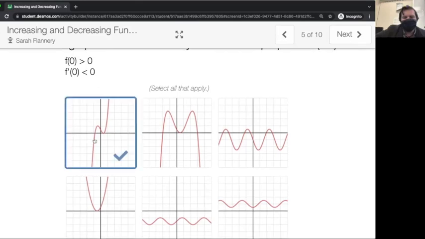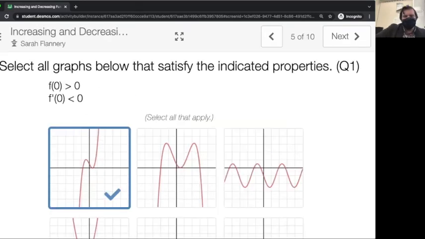So right here, f of 0 is positive because if I look at x equals 0, I have a positive y value. But then I look and I say, what about the tangent line at 0? What does that look like? Well, the slope of the tangent line at 0 is negative. So this graph would work as an example of this, where f of 0 is positive, but f prime of 0 is negative.